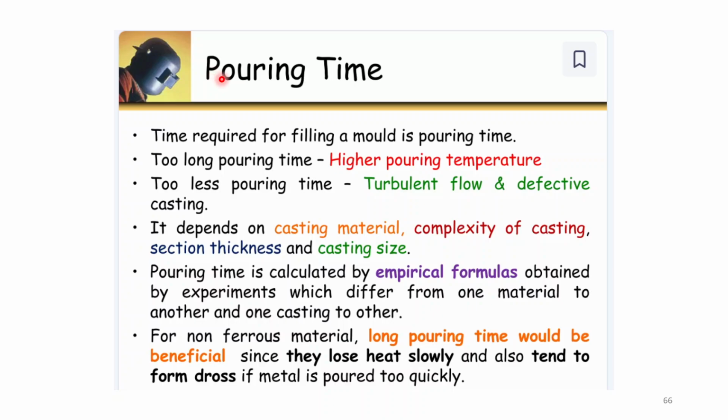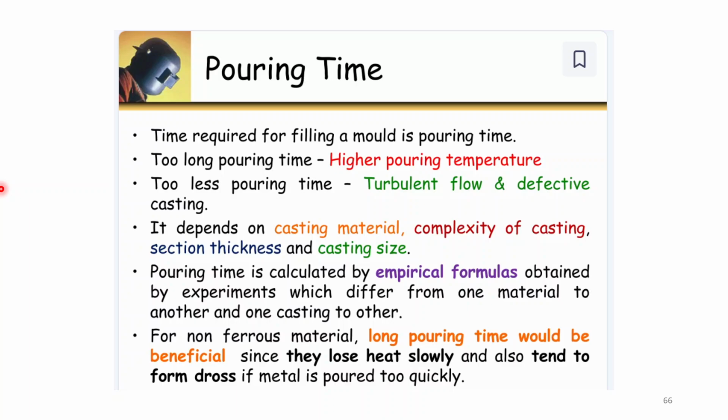Now pouring time is the time required for filling the mold. Too long a pouring time can cause a higher pouring temperature requirement, and too short a pouring time will cause turbulent flow and defective castings. It also depends on the casting material. So whatever casting material you are using, based on that you change your pouring time, along with the complexity of casting, section thickness and casting size.